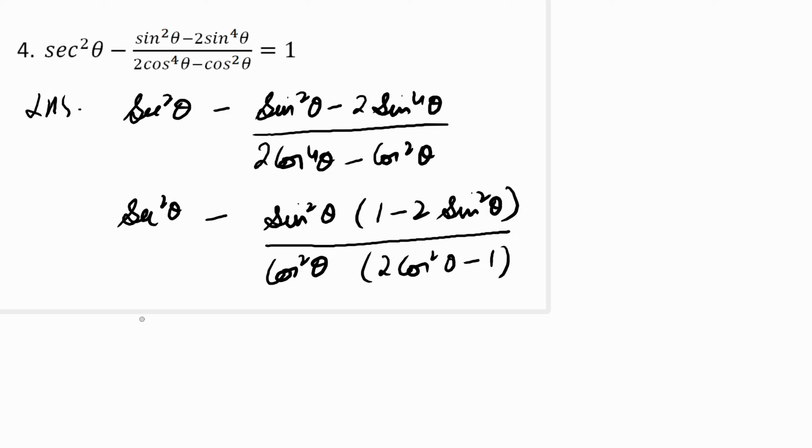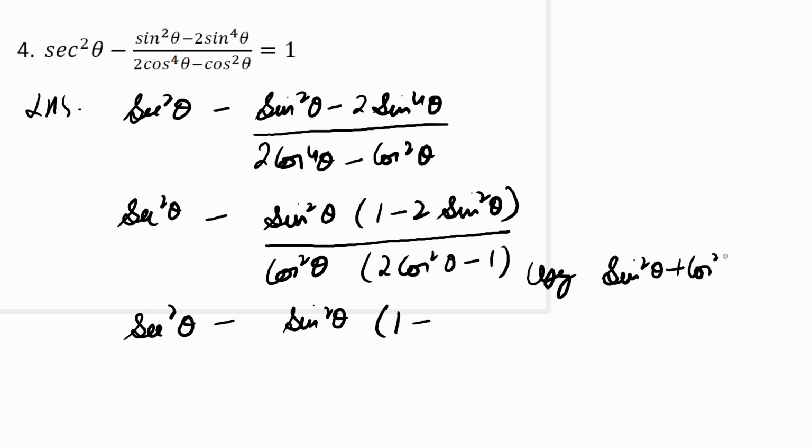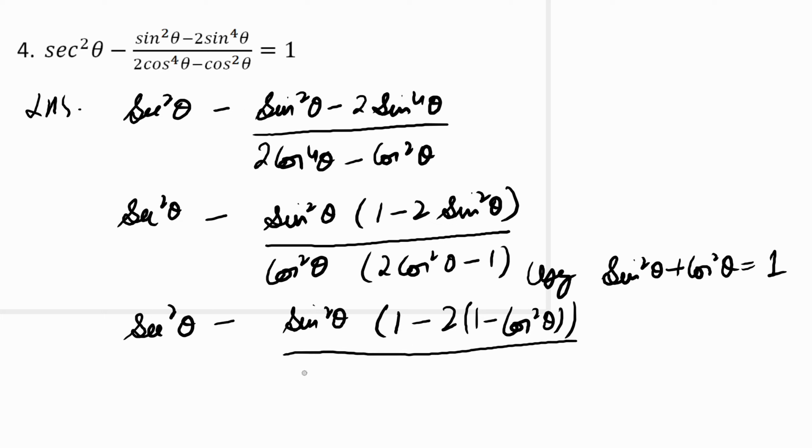Then I will do sec square theta minus sin square theta in the numerator. Again using sin square theta plus cos square theta is equal to 1, instead of sin square theta we will write 1 minus cos square theta upon cos square theta 2 cos square theta minus 1.